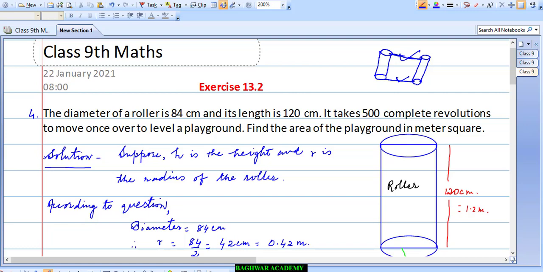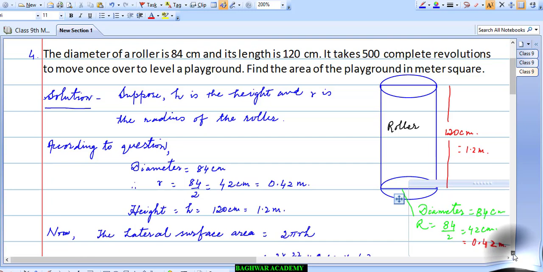If you have a pencil, see, if you make one complete revolution, the distance it travels and the area it covers will be the curved surface area of the cylinder, or you can say the lateral surface area of the cylinder. So we need to find out in one revolution how much area it covers. In one revolution it will cover the curved surface area of that roller. So we will find out the curved surface area of the roller.